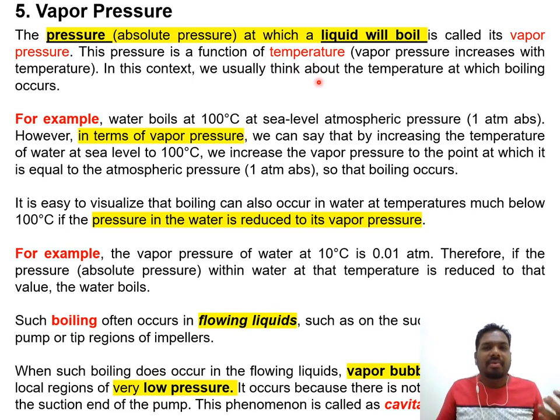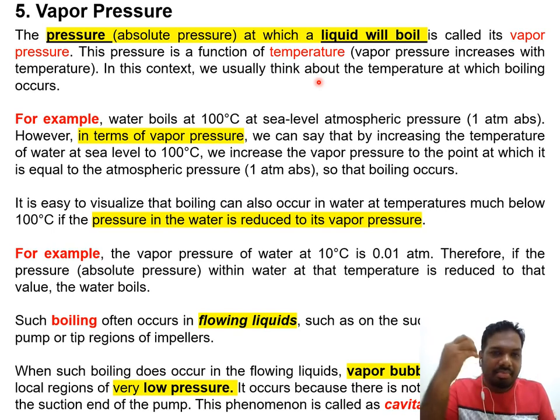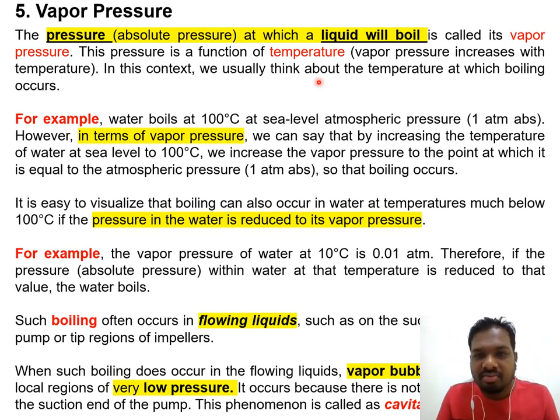Whenever the temperature rises or decreases, there will be pressure involved at the back of it. It is something you cannot see, but there will be pressure build-up or pressure reduction. Vapor pressure increases with temperature. That's what we need to understand.